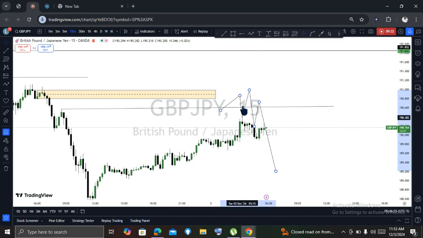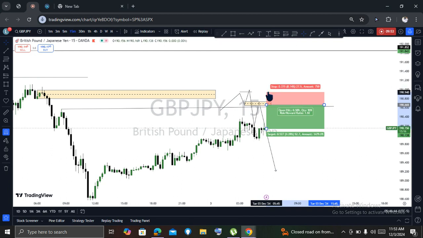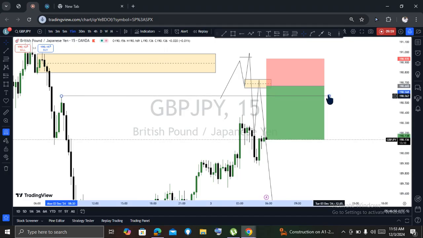This is what I'm going to wait for, something like this, without it taking this high, then I'll enter before the mitigation style entry around this area. So something like this is what I'm looking forward to on GJ. So that's all for this trade.